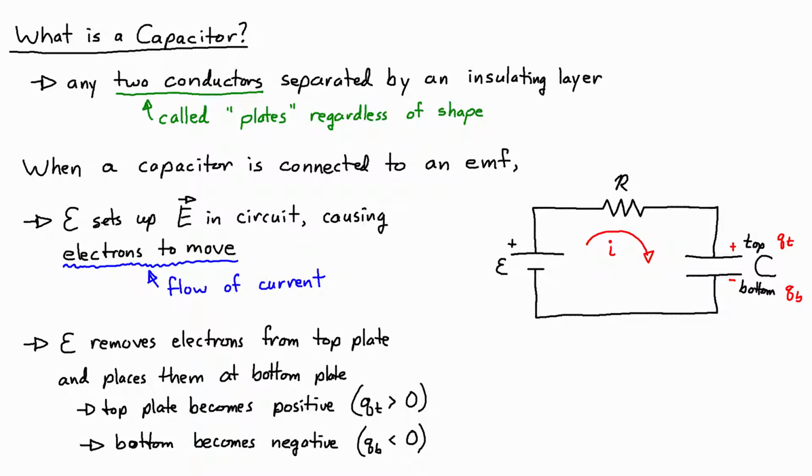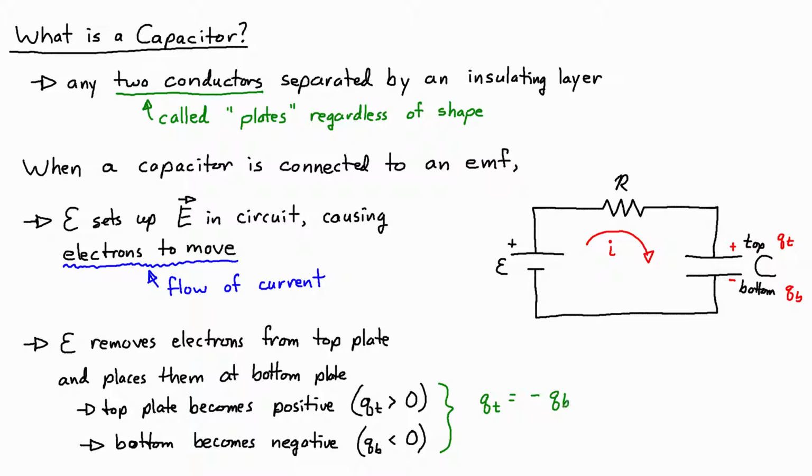Now, really, the wires are filled with free electrons, and so there's one that gets removed from the top plate and then goes into this mass of free electrons, and there's one free electron on the other side, the bottom wire, that ends up being deposited on the bottom plate of the capacitor. In any case, the important result here is that QT is equal to negative QB.